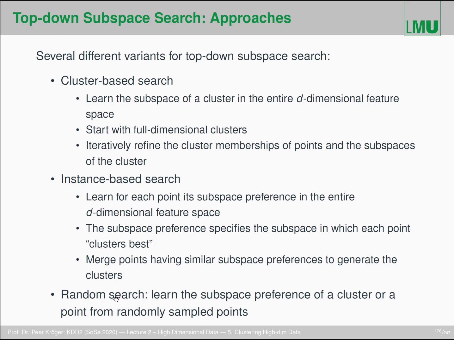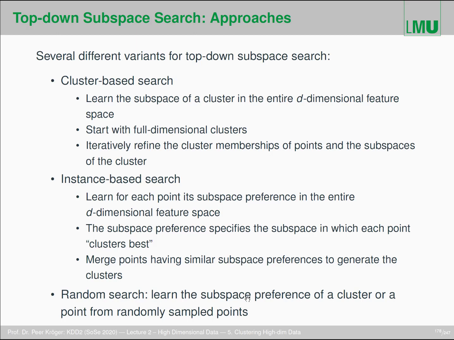And then there is a third way to look for the right feature spaces, the right projections in a top-down way, and that is similar to feature selection processes, which is just random search. So you try to learn the subspace preference of a cluster or a point from randomly sampled points. You just take a random sample and then see, okay, in this direction they have a high spread, so this is not the relevant attribute.